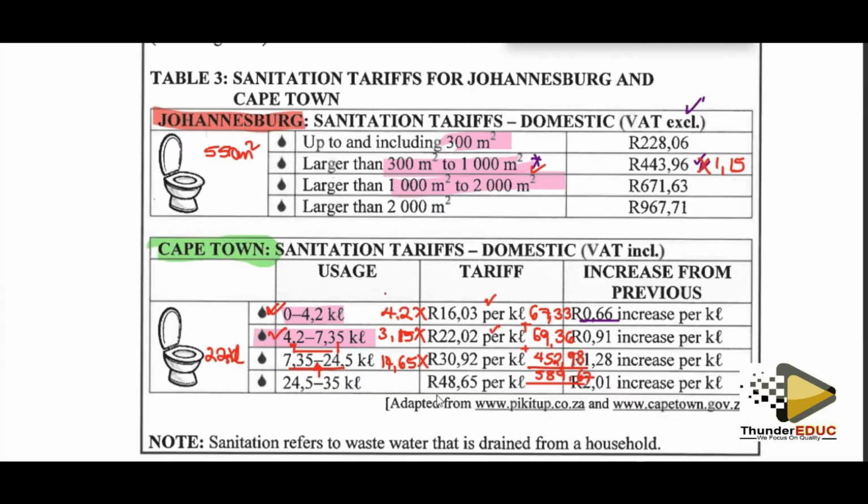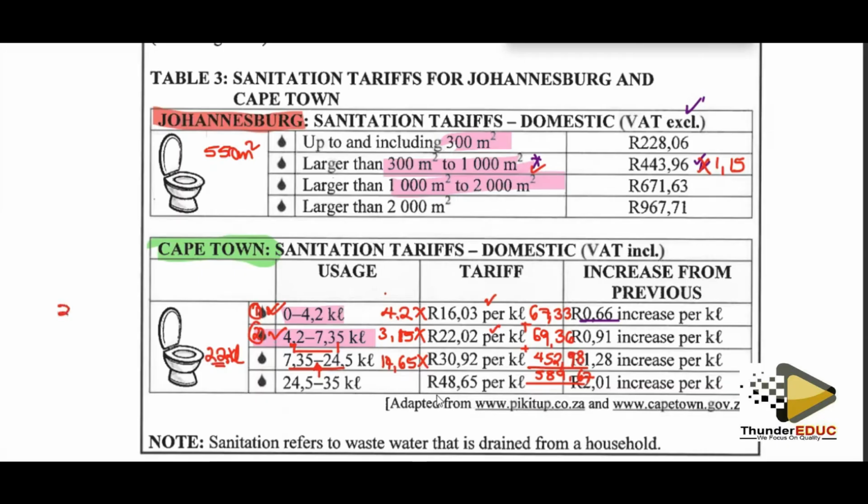That's what we get. So, remember, this person has used 22. So, he has used bracket 1 and bracket 2 fully. But the 22 does not stop here. It stops here, but it's not 24. So simply meaning you've exceeded 7.35 by a certain number. What are you going to do? Get the 22. I'm showing you how we got the 14.65.